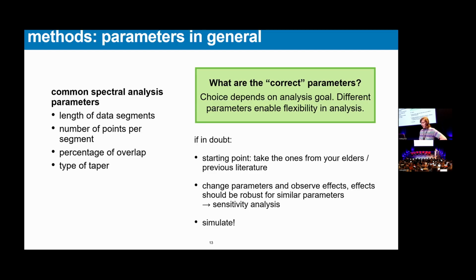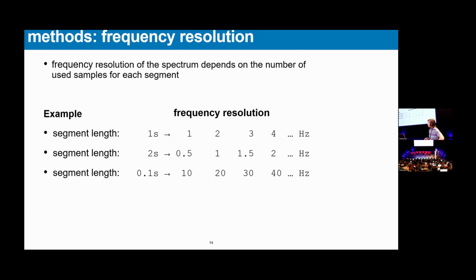All right, so let's, for instance, check the segment length. How long should these little segments be that you are using for computation of the spectra? The thing is, if you use quite long segments, you will achieve a specific frequency resolution.